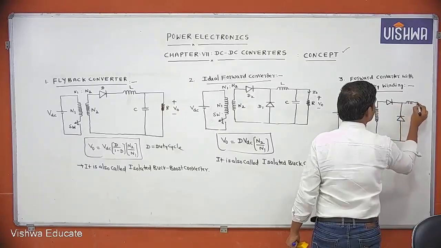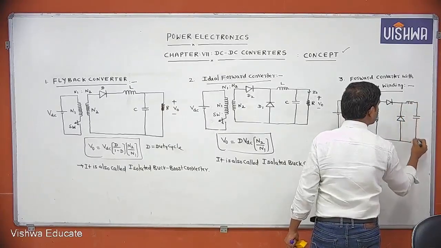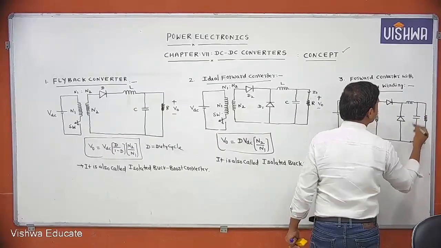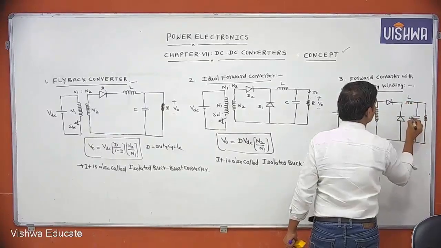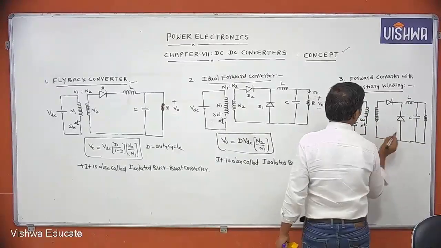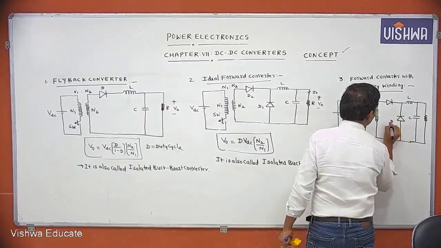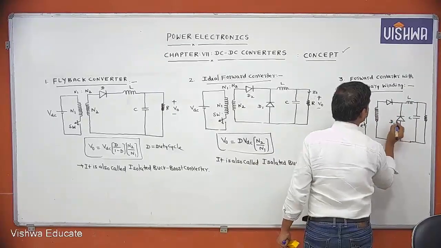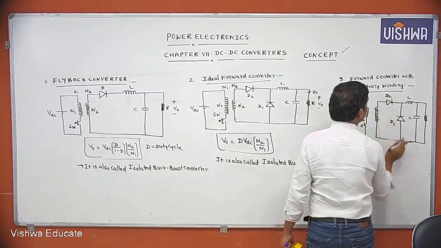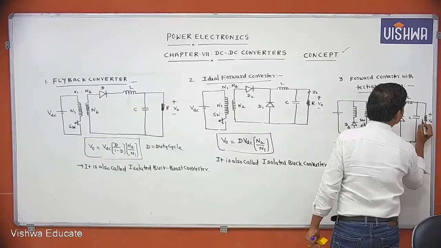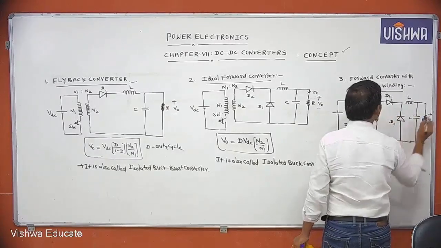Inductor, capacitor, resistor. This is D3 diode. This is D2 diode. Take this as D1 diode, D2 diode. The voltage across the resistor is through this inductor.